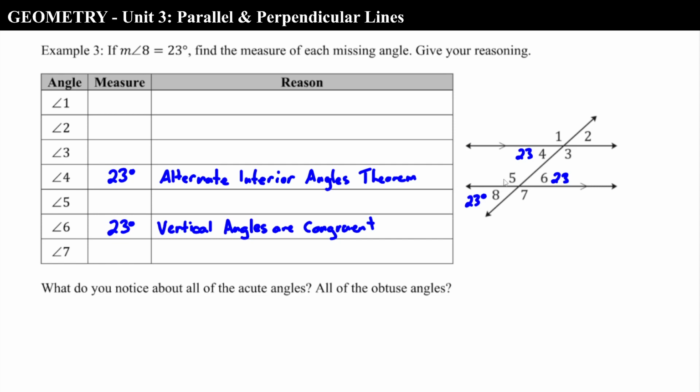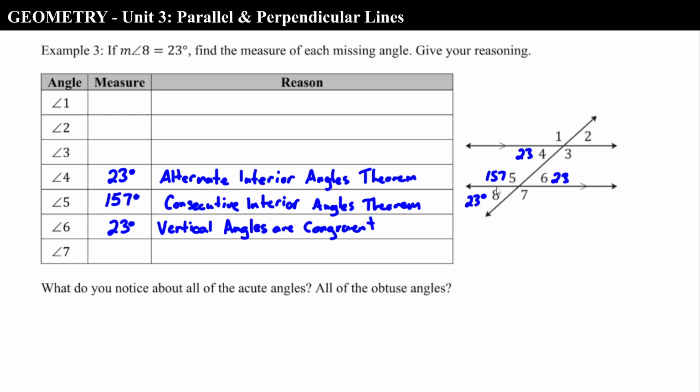So let's use the consecutive interior angle theorem. And do 180 minus 23, which gives us 157. So that's the angle measure here.